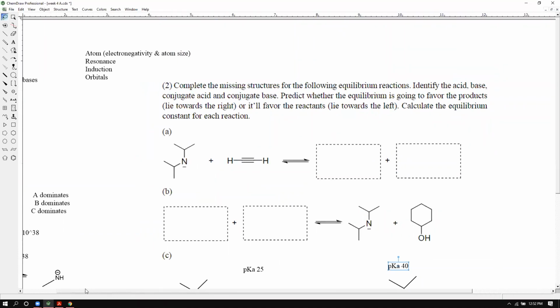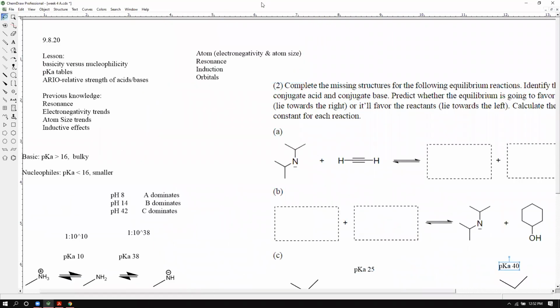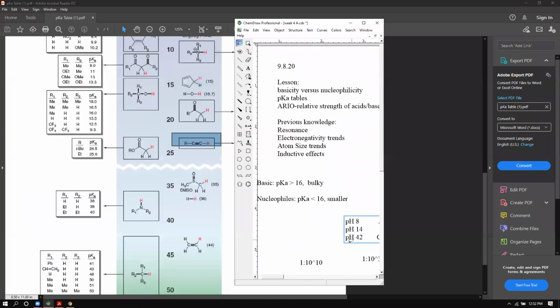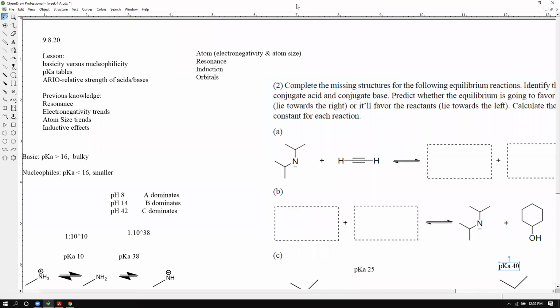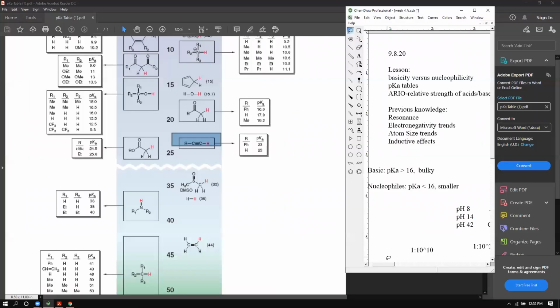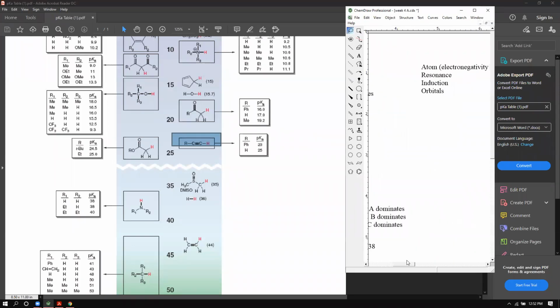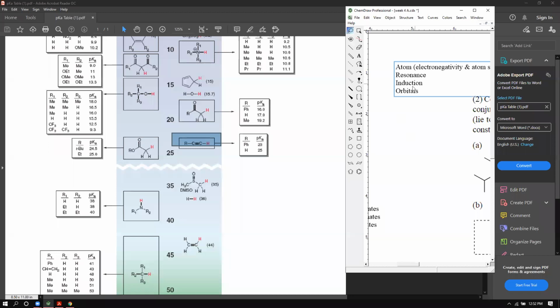So I'm going to pull up the pKa table at the same time here. Now this is in relative order, but this is a case where the atom is being beaten out by the orbital effect. And normally, orbitals matter the least.